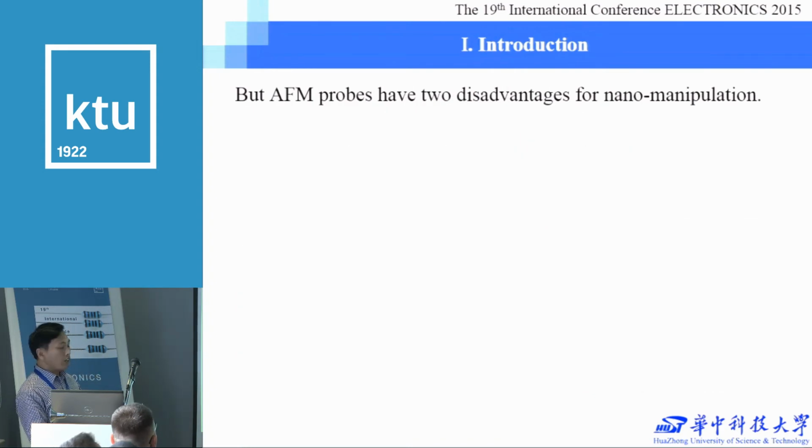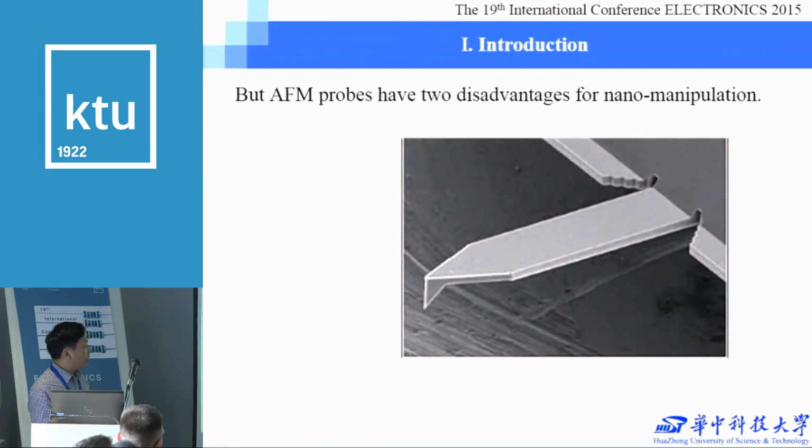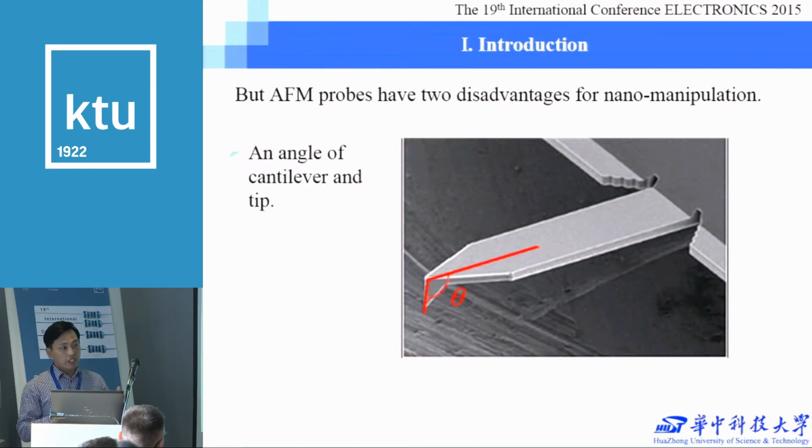But the atomic force microscope has two disadvantages for nano manipulation. The first one is that there is a fixed angle between the cantilever and the tip, as you can see from here.